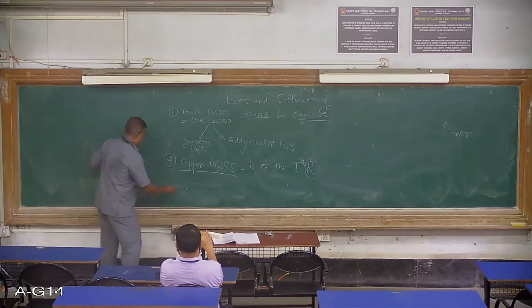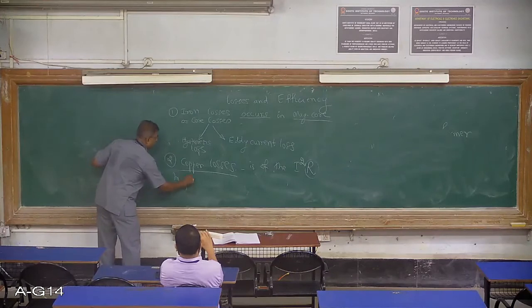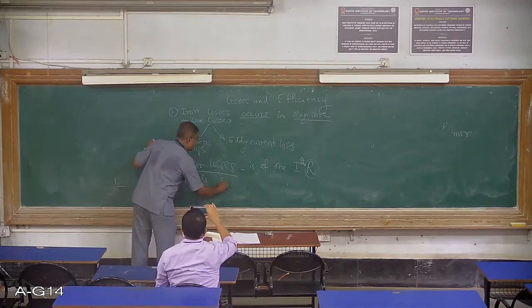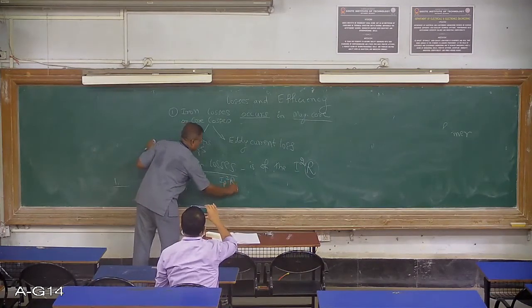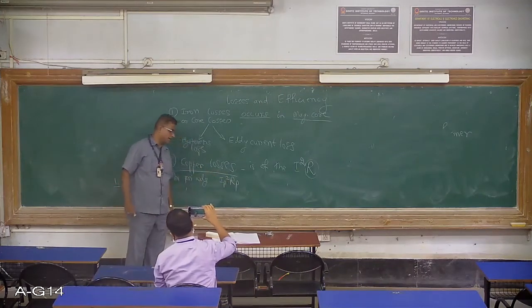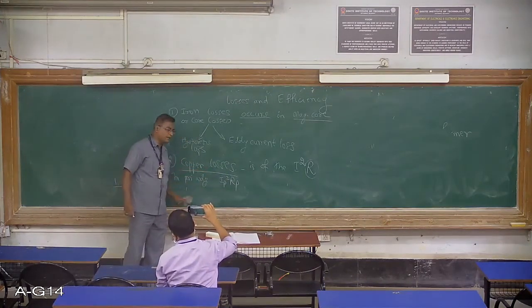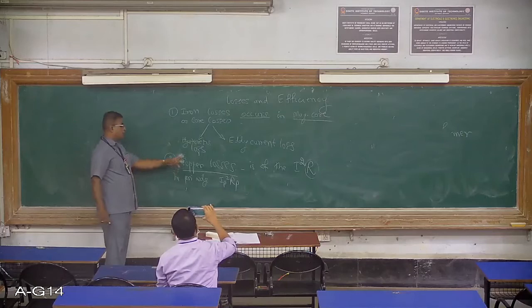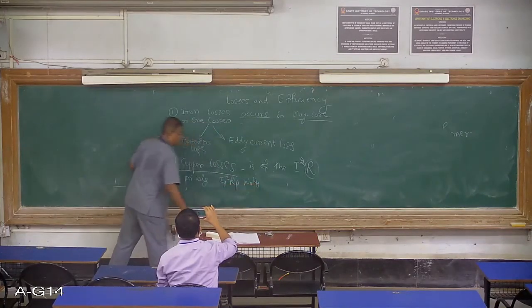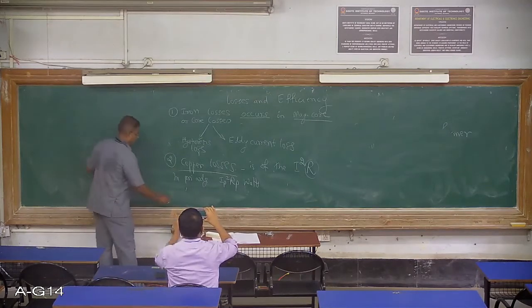Therefore, in the primary winding or coil, the copper loss is IP squared RP. RP is the resistance of the primary winding. IP is the current in the primary winding. So IP squared RP watts. Copper loss occurs in the primary winding.